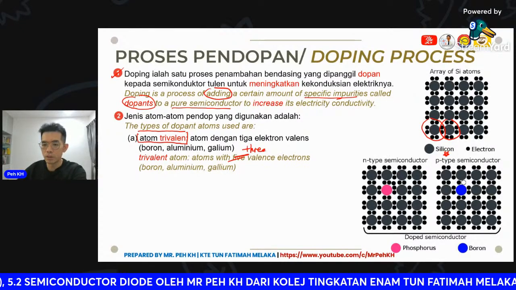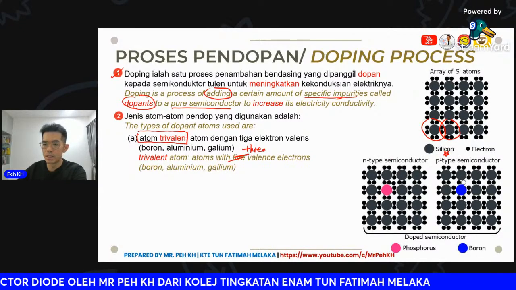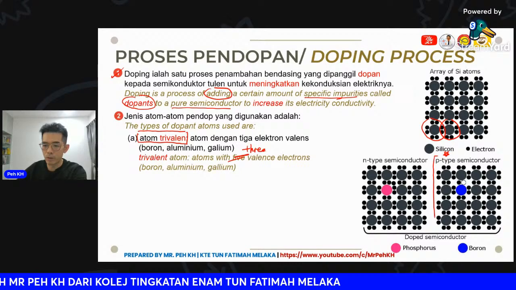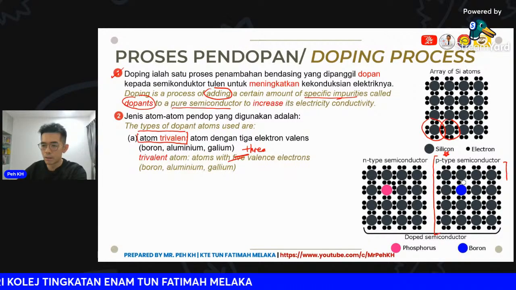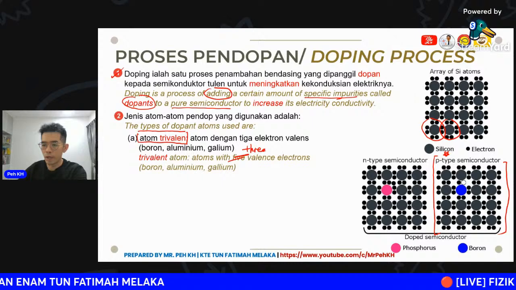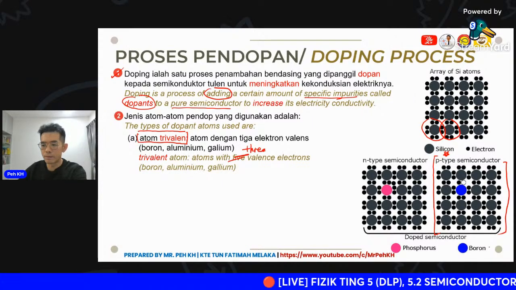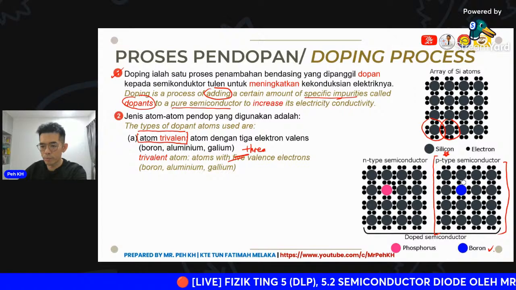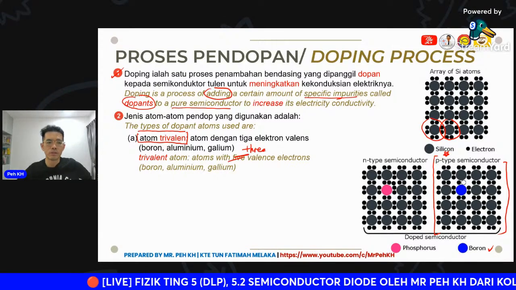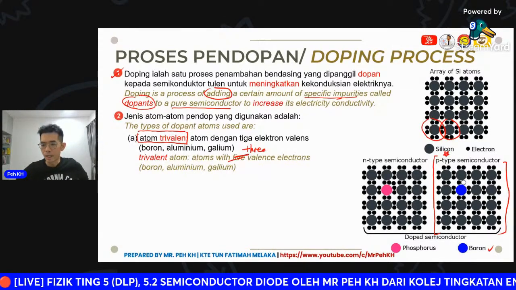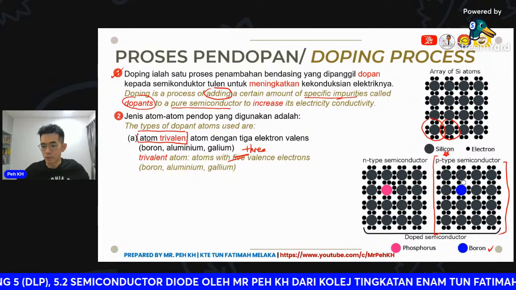So here you can observe the P-type semiconductor. Here we have the example of dopant boron, which is a trivalent atom with 3 valence electrons.